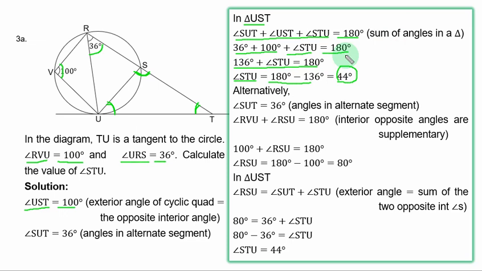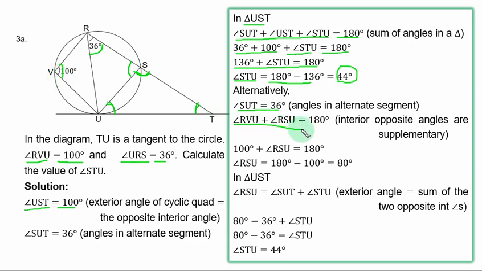Alternatively, if you didn't see it this way, you can also follow this approach. Angle SUT remains 36 degrees, that is angles in alternate segment. Now you can get this angle first. This angle and 100 degrees, their sum is 180 degrees.